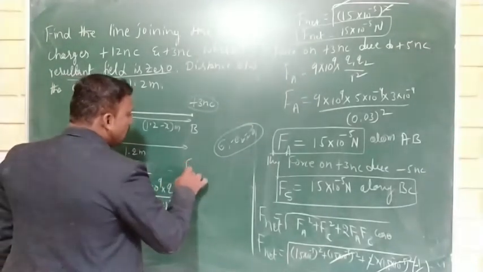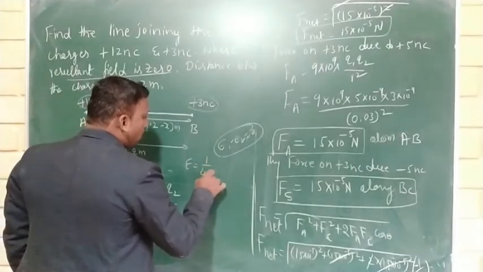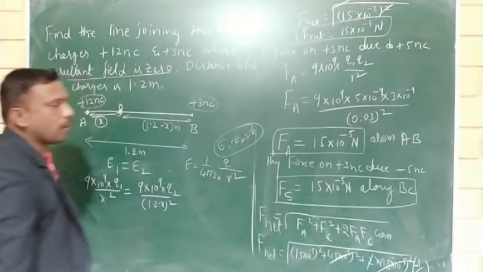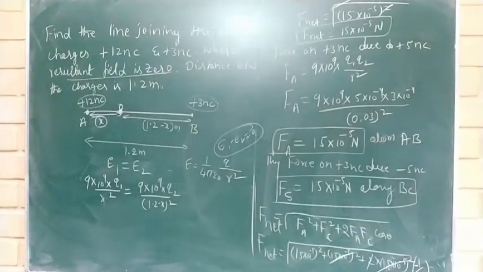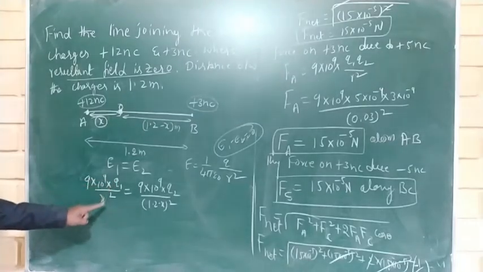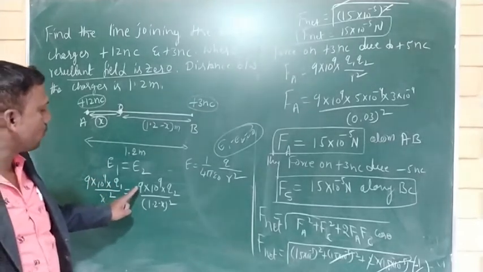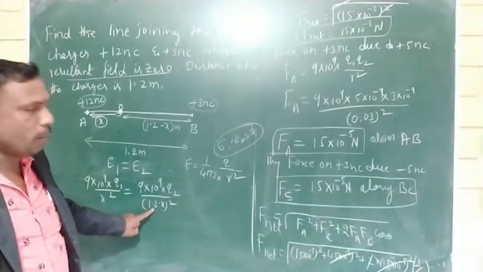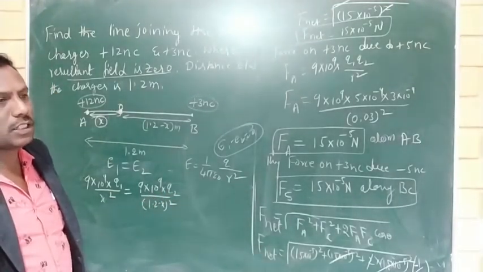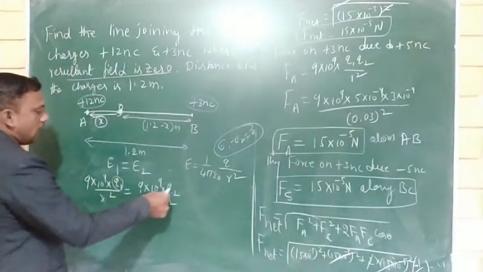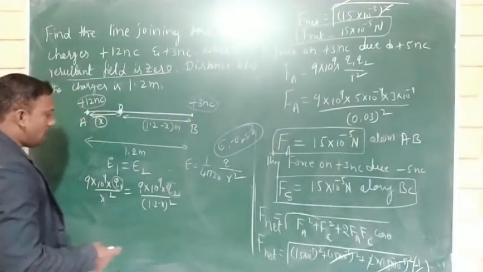The general formula E is equal to 1 divided by 4 pi epsilon naught Q divided by R square is the formula to calculate electric field. Therefore, 9 into 10 to the power of 9 Q1 divided by x square is equal to 9 into 10 to the power of 9 Q2 divided by 1.2 minus x whole square. Substitute the values of Q1 and Q2, and you will get the answer.